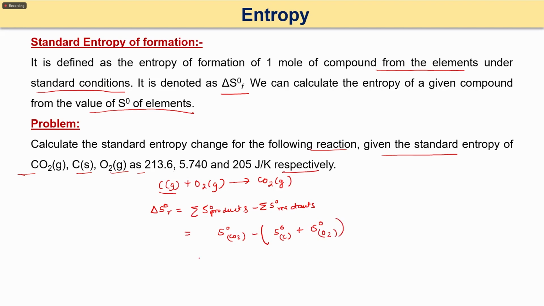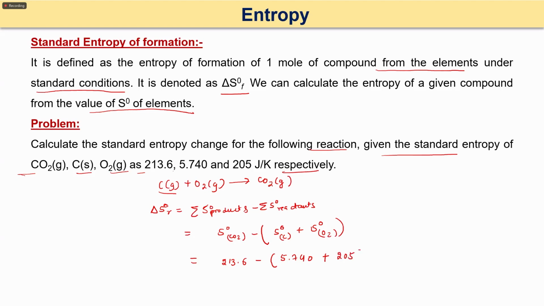Okay, so if we put these values, what we will get? Standard entropy of carbon dioxide is given 213.6 minus standard entropy of carbon is 5.740 plus the standard entropy of oxygen is 205 joule per Kelvin.